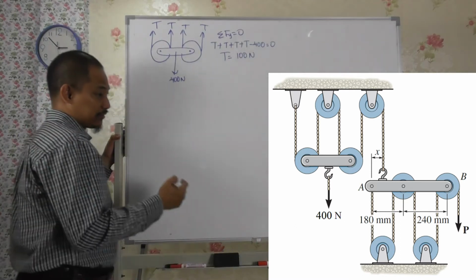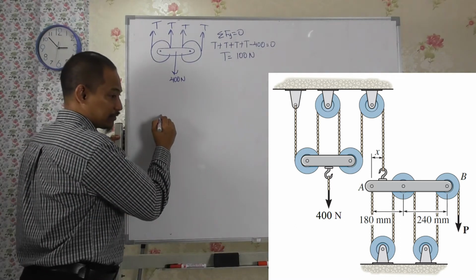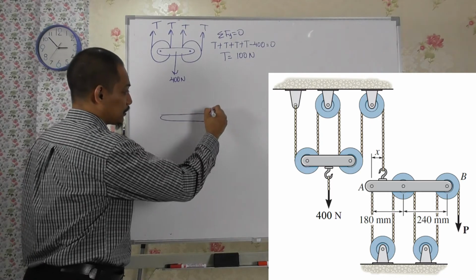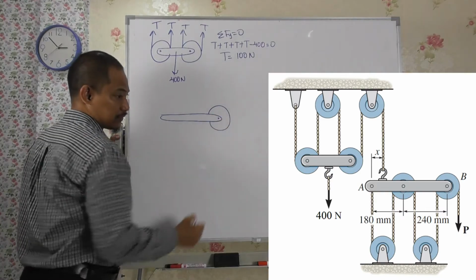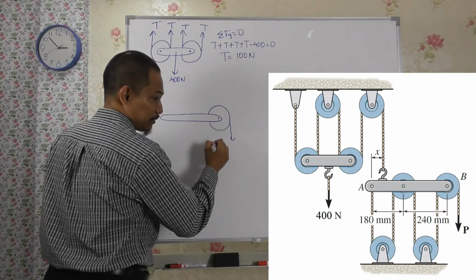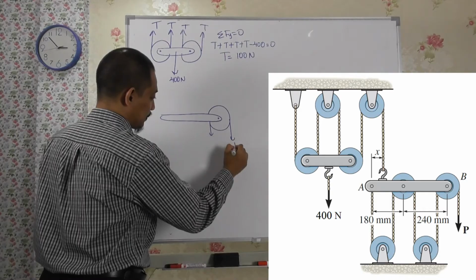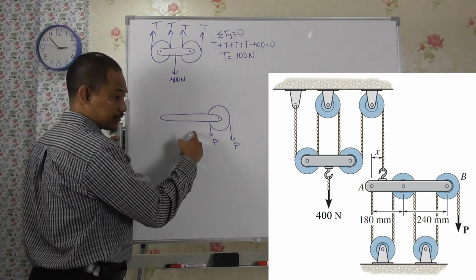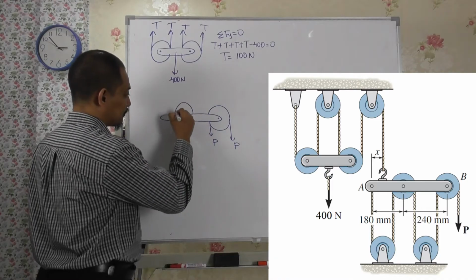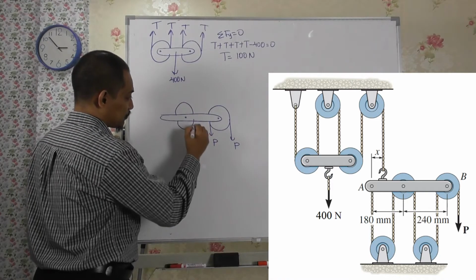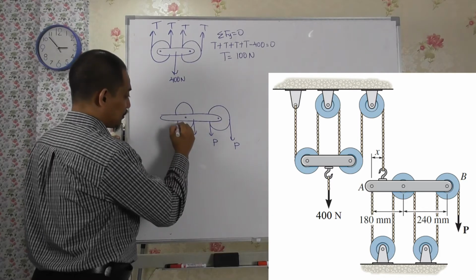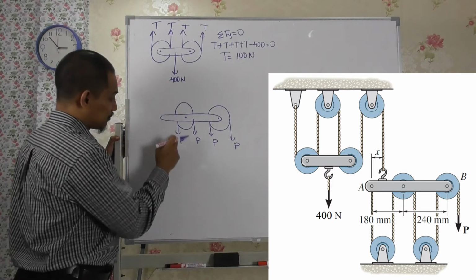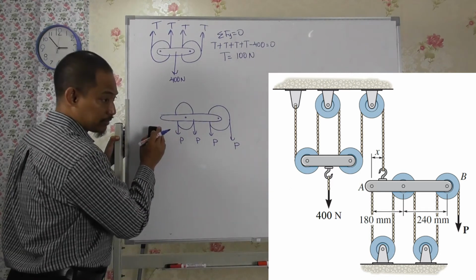Then going to the next free body diagram, right? So on the right side there we'll have something like this. So here you have P, and of course P going there as well, right? And then going to another pulley, so another P here and P here, right?